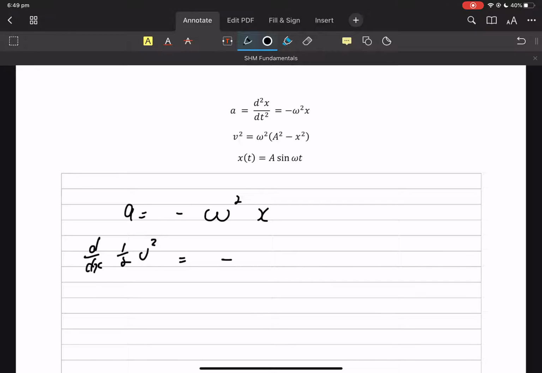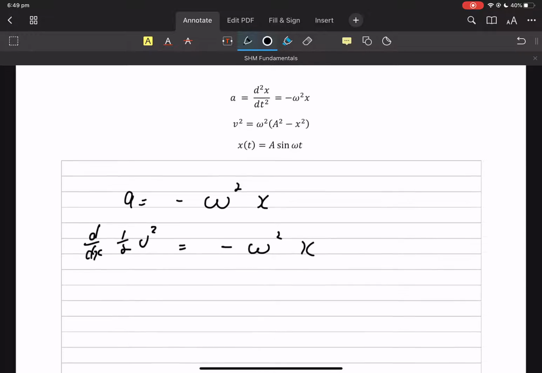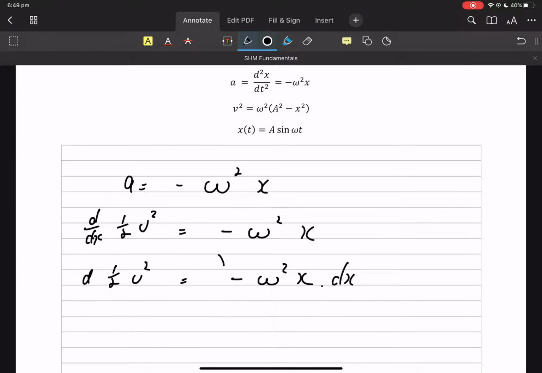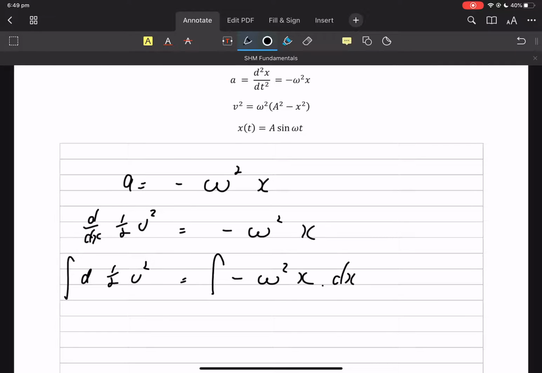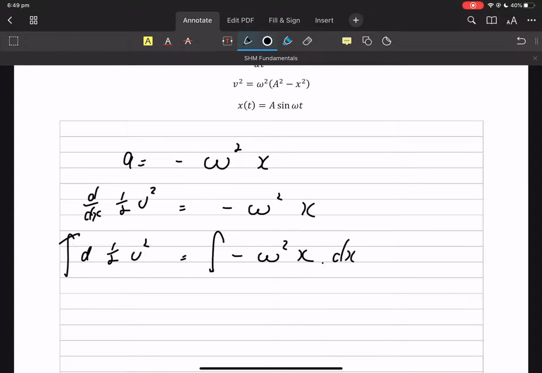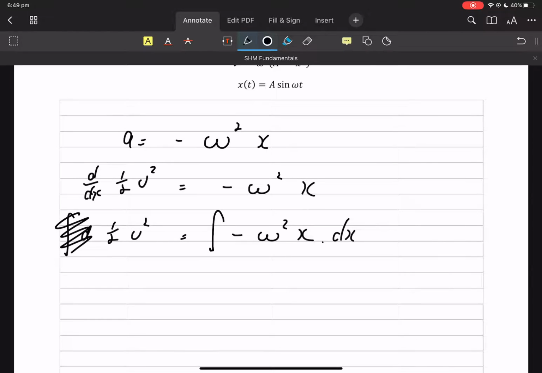From our previous work on motion, we know that acceleration is also, there we go. We are going to just treat that like a differential equation. We're wanting to split that dx up to the other side. And we're going to integrate both sides. The integral and the derivative cancel. And remembering that that's just a number.